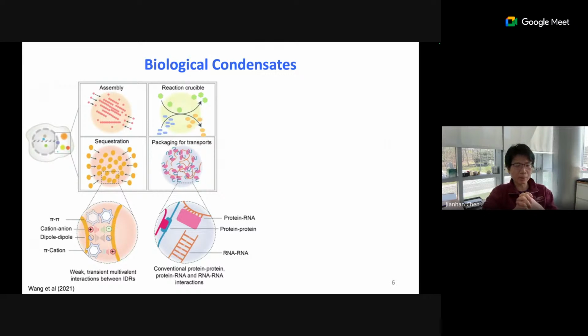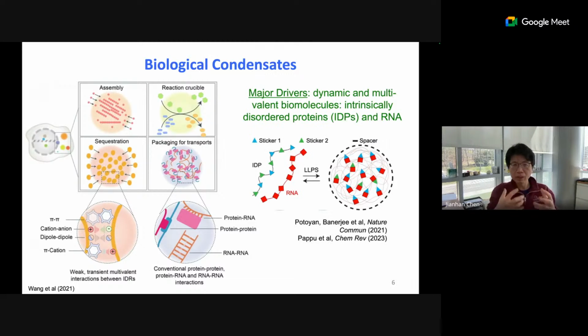And at the same time, people made up a new term called biological condensates, referring to all these droplets or droplet-like bodies that are formed through phase separation and play certain roles in biology.